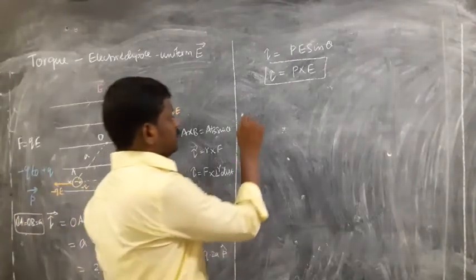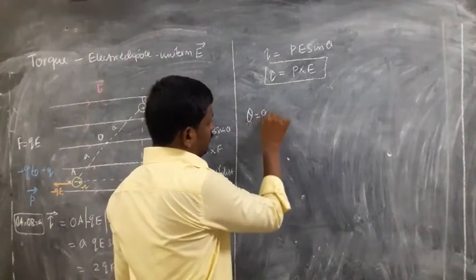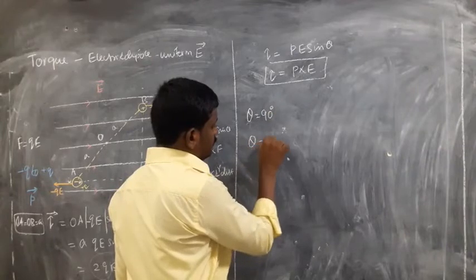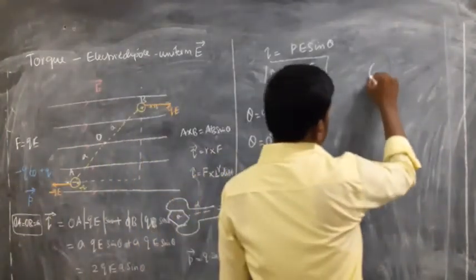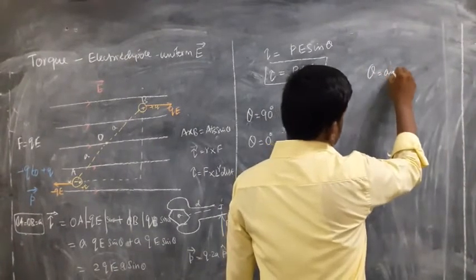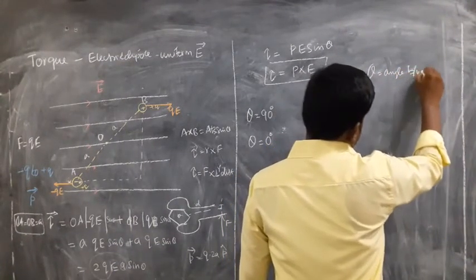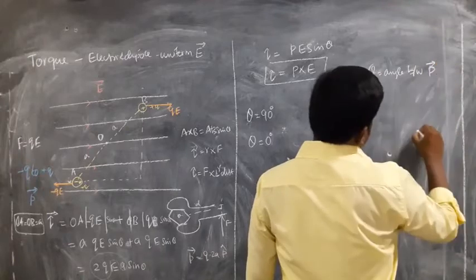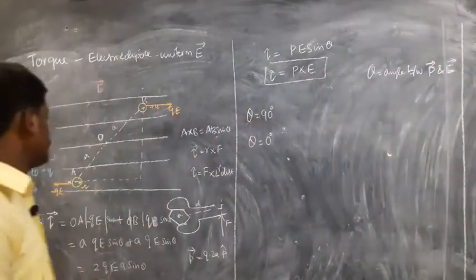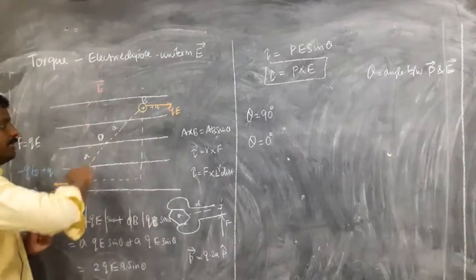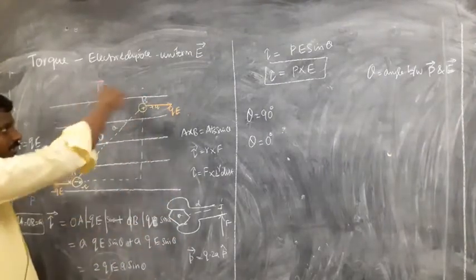What's theta? Theta is the angle between the electric dipole moment p and the electric field E. This is the dipole, the dipole moment in this direction, the electric field in this direction.